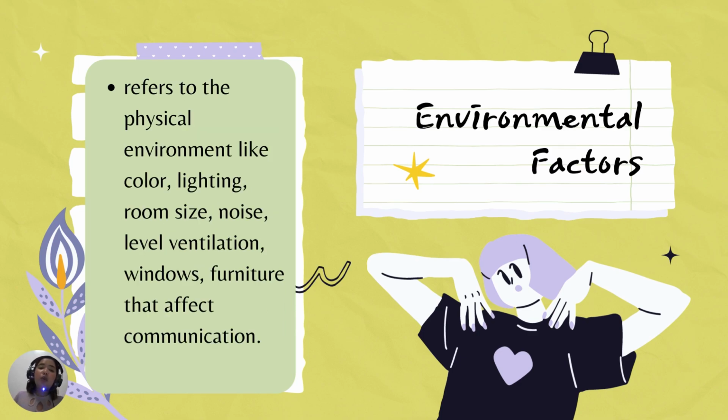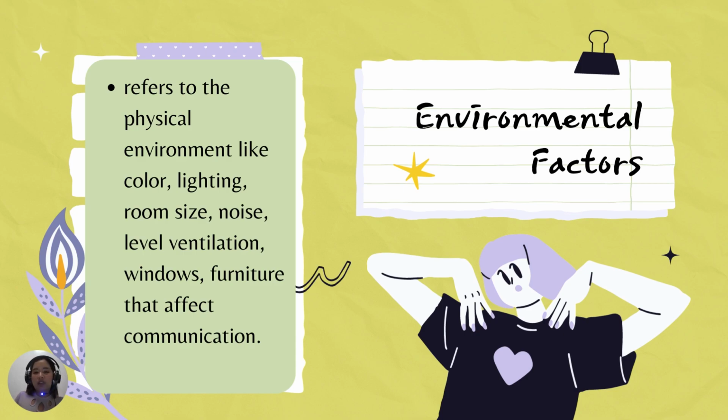Okay? So another type of nonverbal language is the environmental factors. Environmental factors are basically what you see around you, and it also speaks of what kind of communication surrounds it.